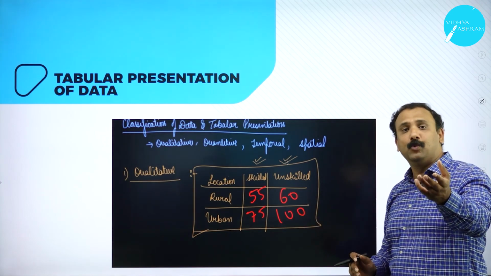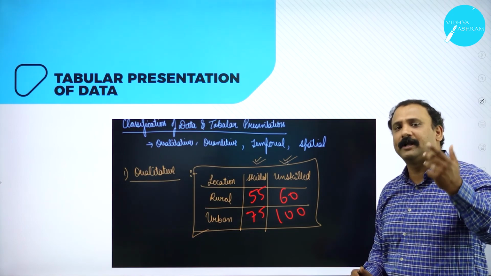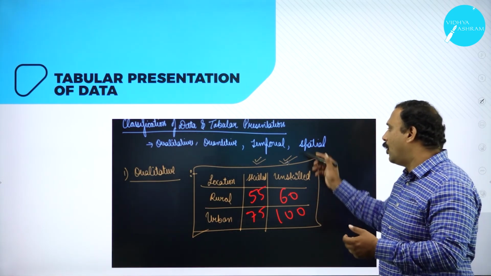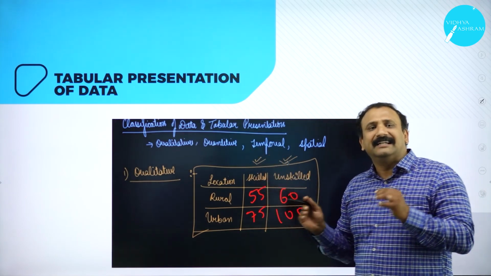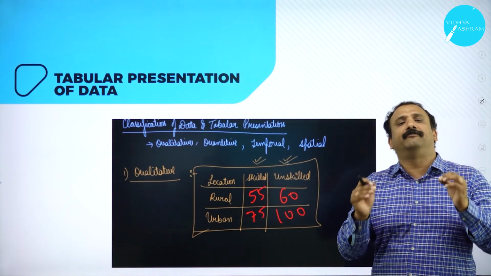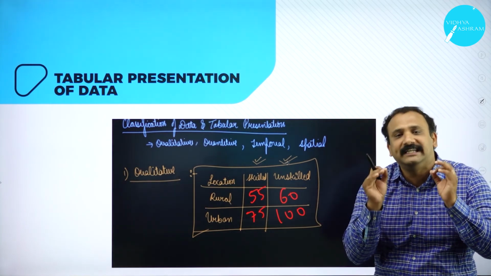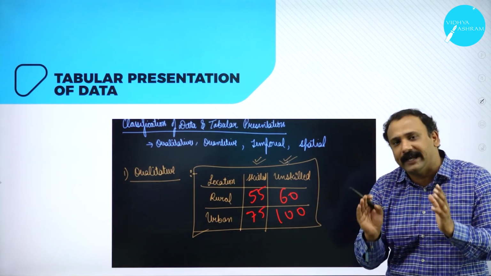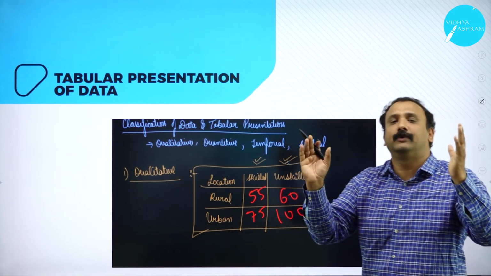So automatically you are able to understand what I'm trying to represent and convey in this tabular column. The tabular presentation of data is the simplest and easiest manner of putting data that is understandable altogether.